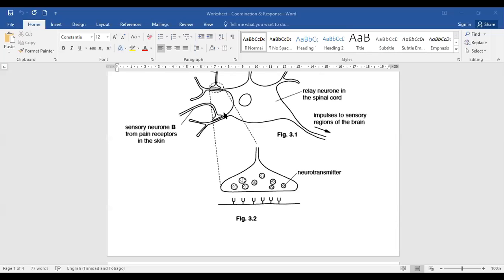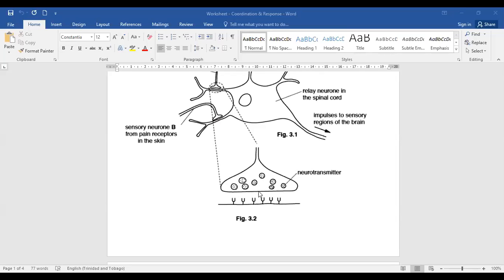Right? So what happens is that the impulse will trigger the action of the vesicles. It will trigger the vesicles to move towards the end of the axon, which is this point, right?